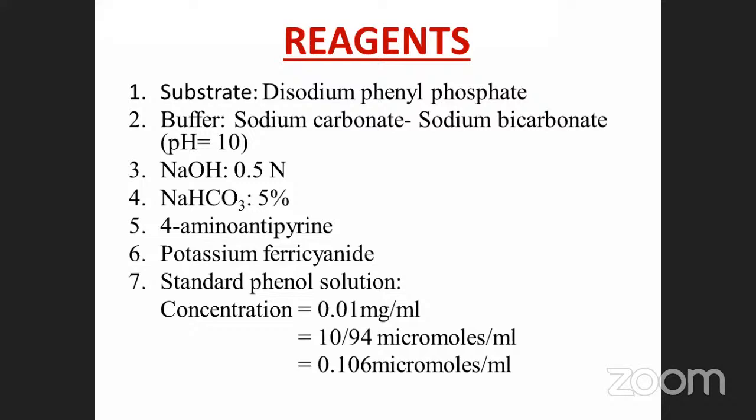What is the calculation of this? Add 1 ml into 100. That's why 0.01 into 100 means 1. It is equal to 10 divided by 94 micromoles per ml, or 0.106 micromoles per ml.